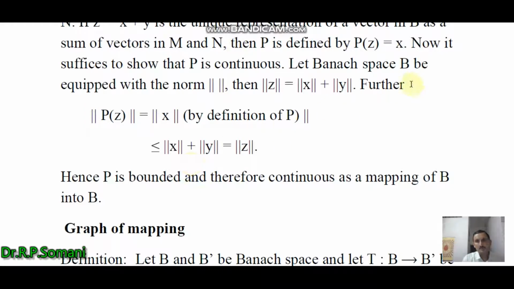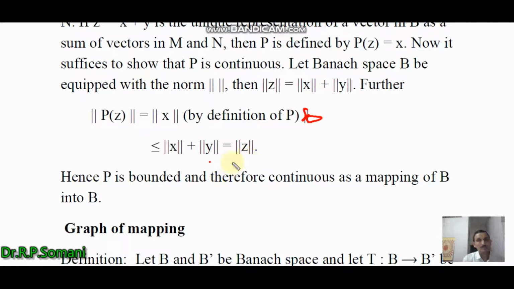Then this is less than or equal to norm x plus norm y, and that is norm z.